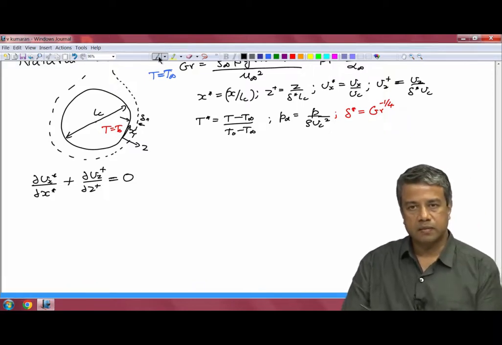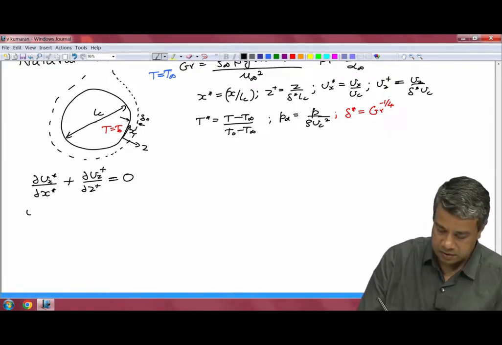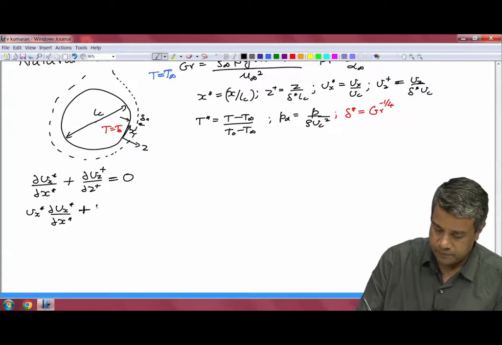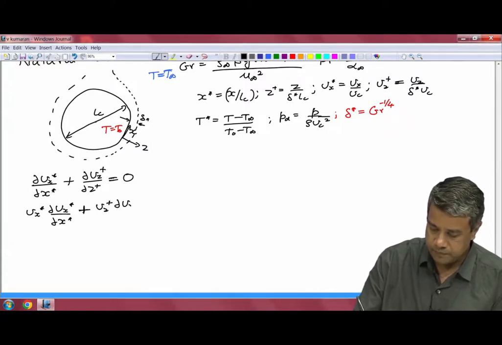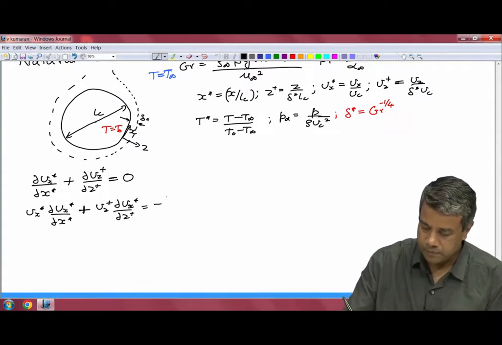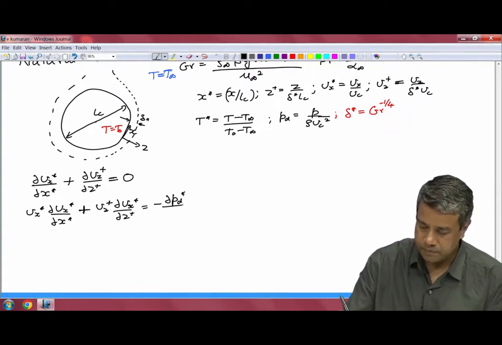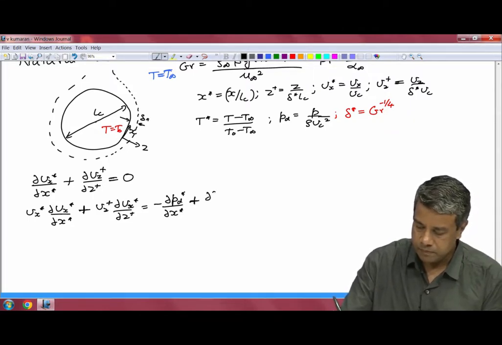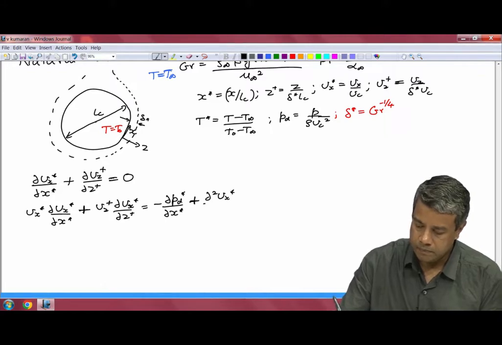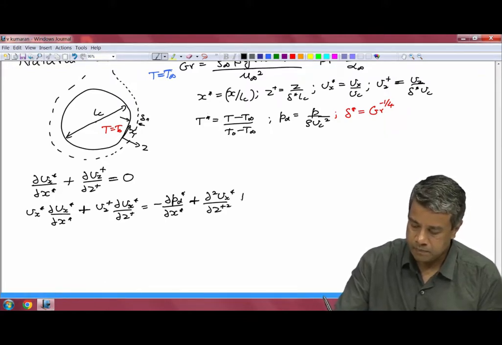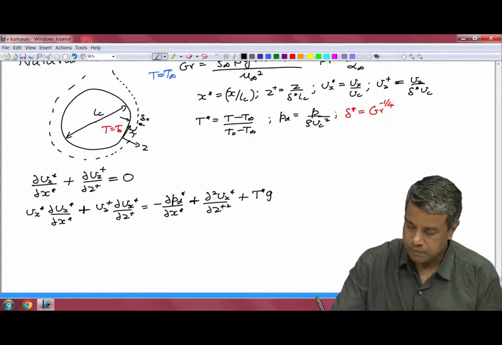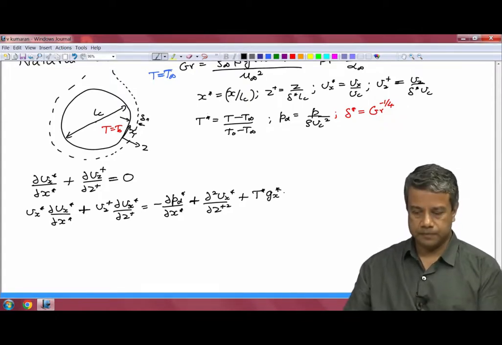The momentum conservation equation in the streamwise direction is the scaled equation.